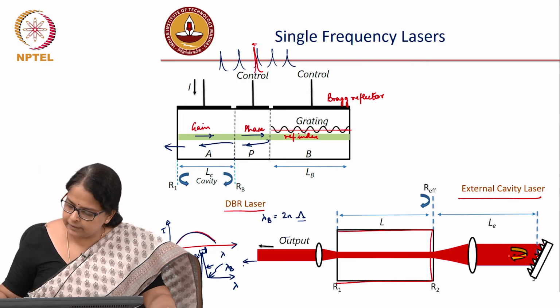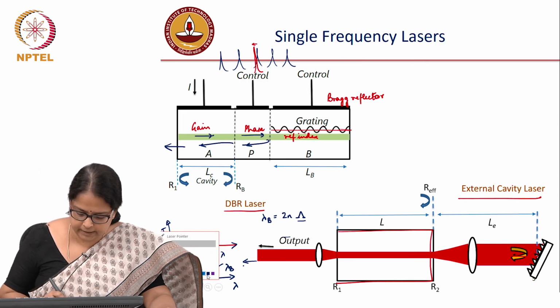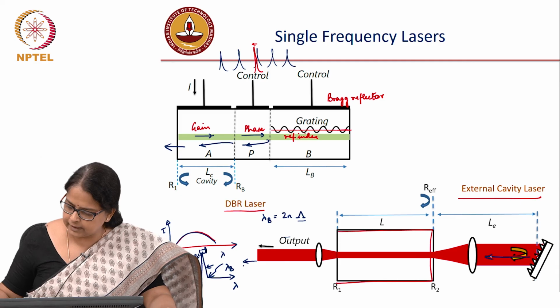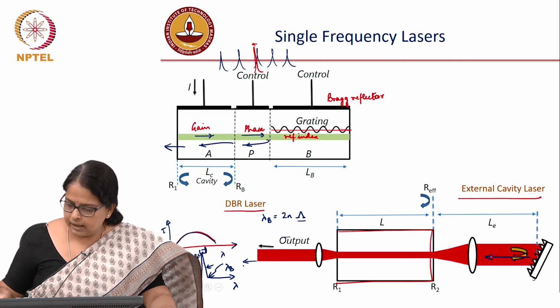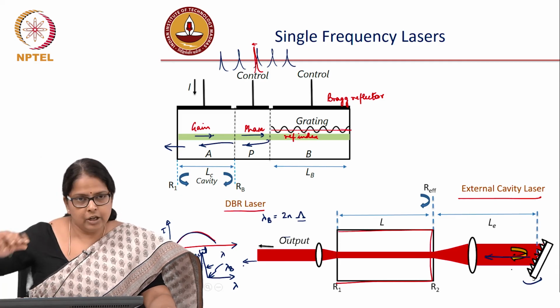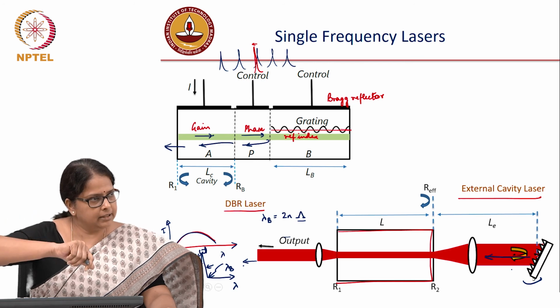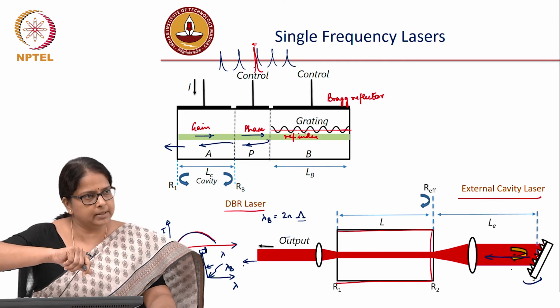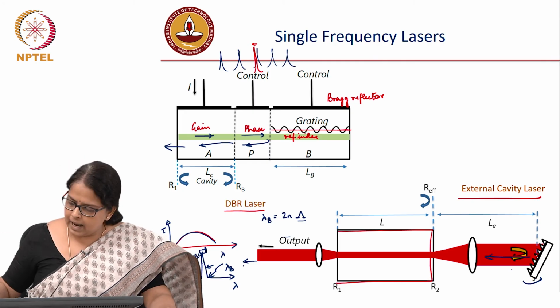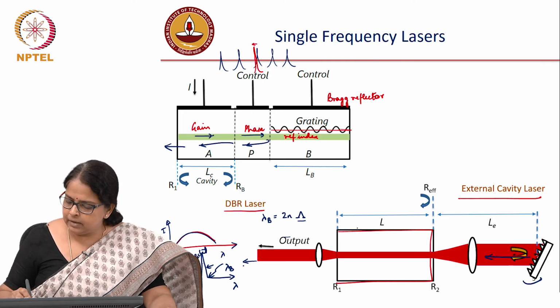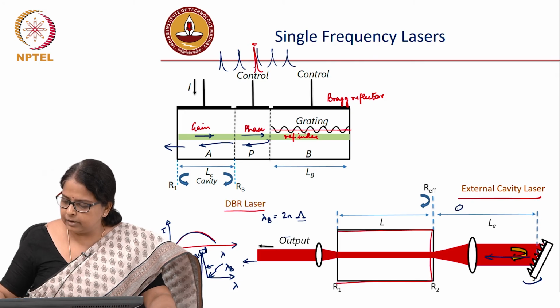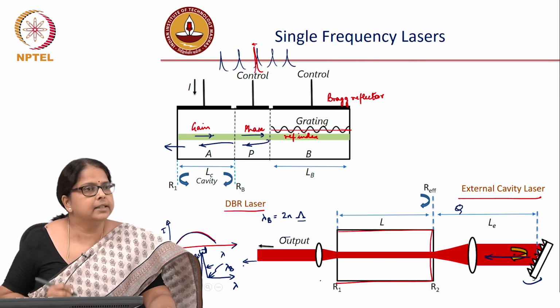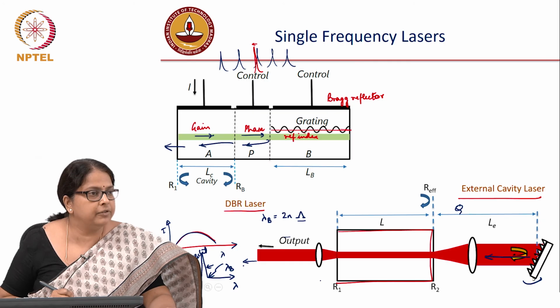So, only a specific color gets reflected into the laser cavity, and by turning this grating you can change the color that is reflected into the cavity. This allows you to make a tunable laser, and the line width is decided by the Q factor or the finesse of your entire external cavity.